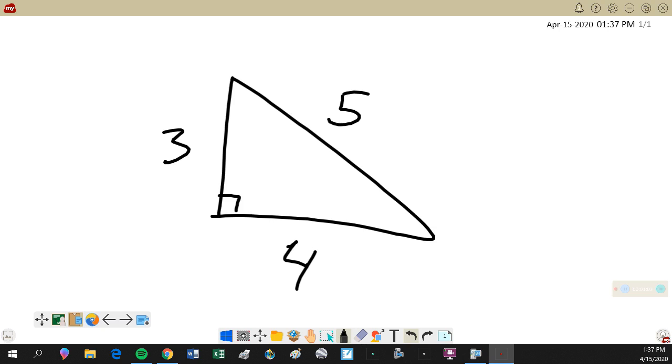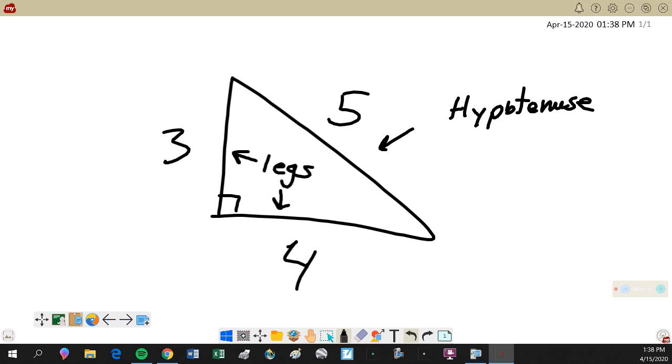Now, every right triangle has legs. The two short sides are called legs, and the long side is called the hypotenuse. Okay? And then we have three angles.